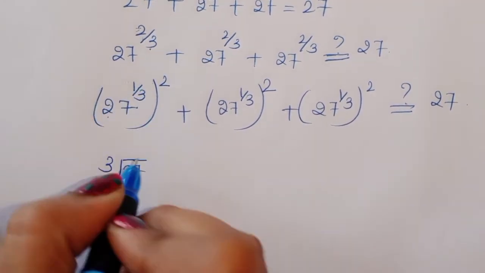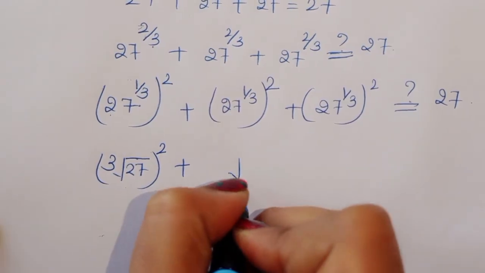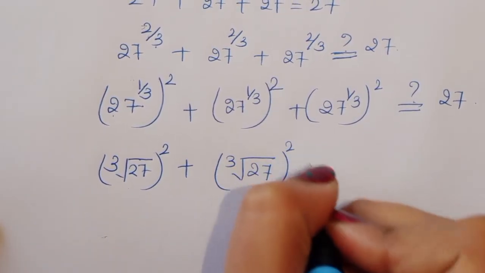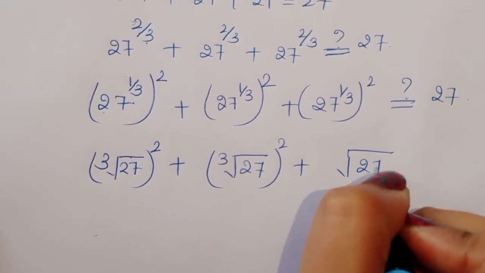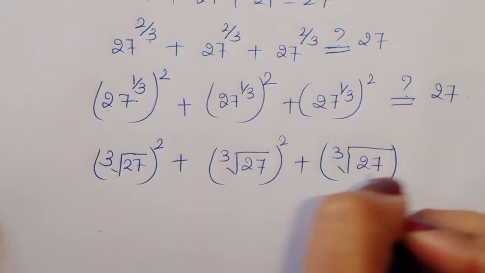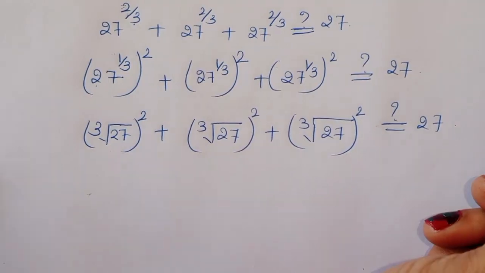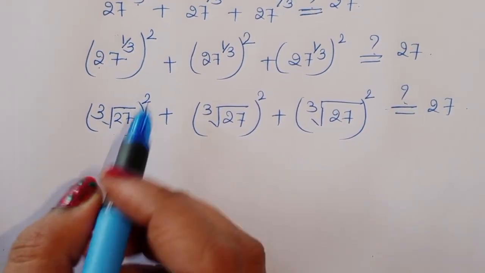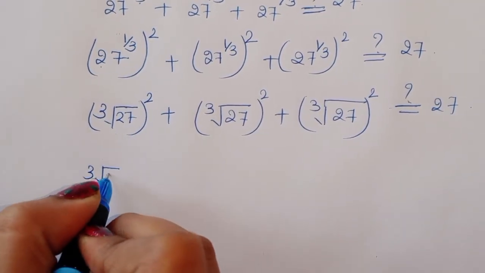This is the cube root of 27 square plus the cube root of 27 square plus the cube root of 27 square, equal to 27?